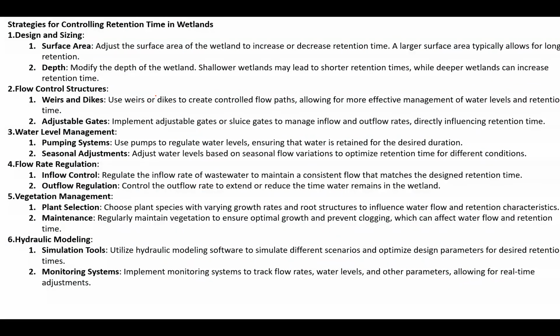One of the main parameters we have to look into is the retention time. What is the retention time? Retention time is the time wastewater spends at a particular point in the ecosystem. If it is flowing very quickly, it doesn't get enough time with the microorganisms to degrade. So we need more retention time.